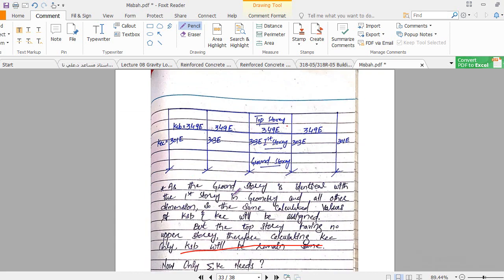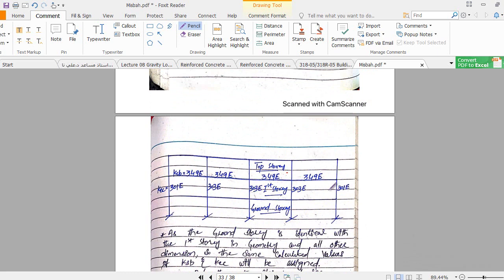So this is the final values for the interior story. And this is also good news, that the ground story and the interior story are similar, so we will assign the same values of case B and case C to the ground story as well. Clear? This means that this Kec value will be here, similarly this one will be here, and this one will be here.